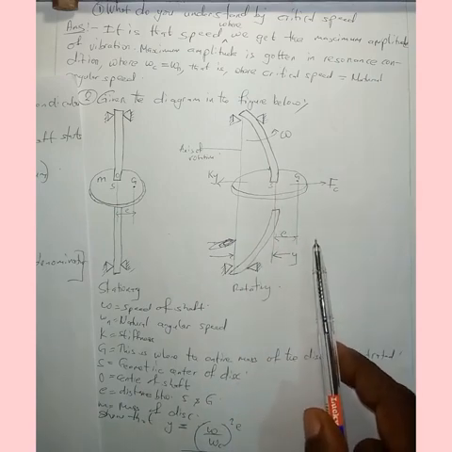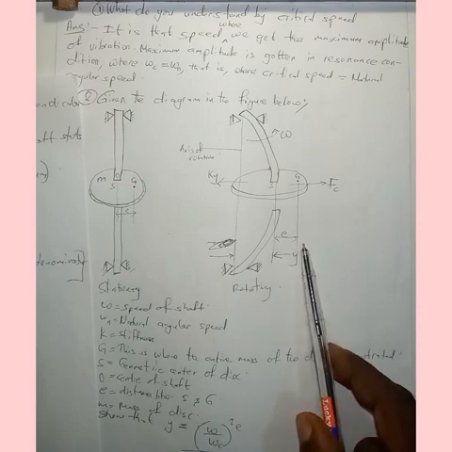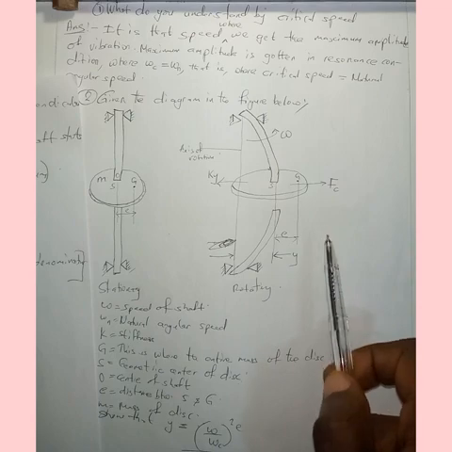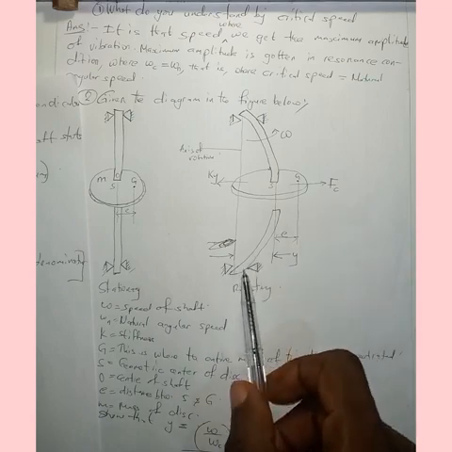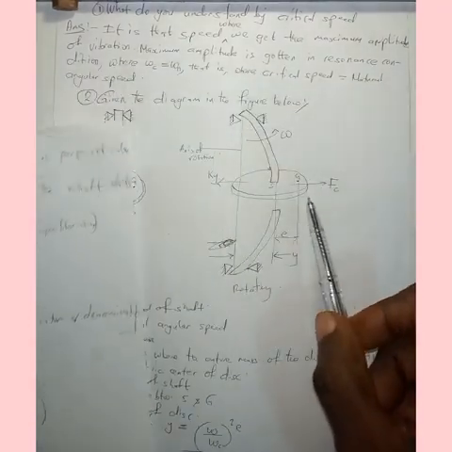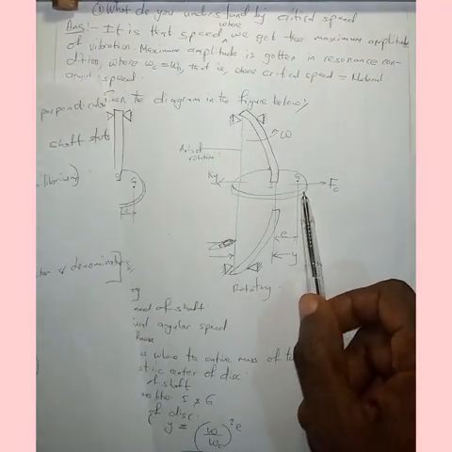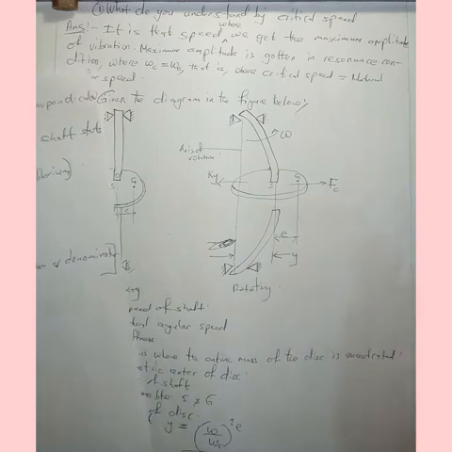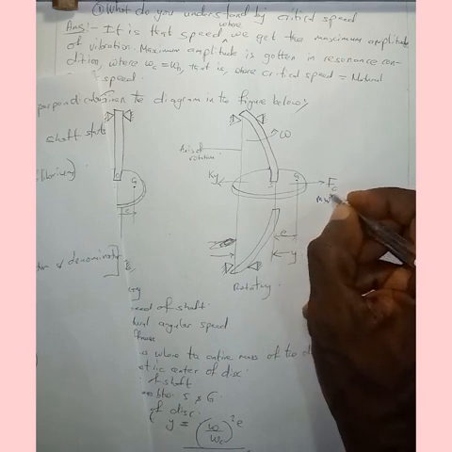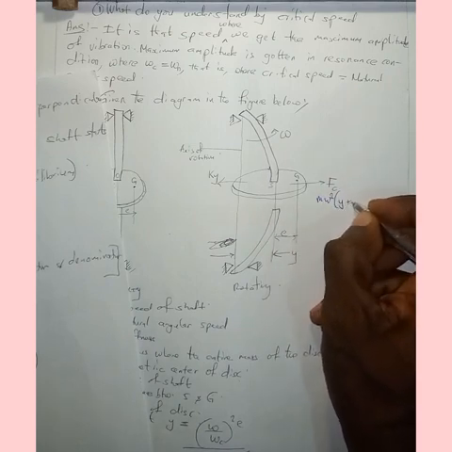Okay, and we know normally that centrifugal force is given by m omega squared r, where r is the distance from the center of the axis. In this case, the centrifugal force acting here is going to be m omega squared (y plus e).